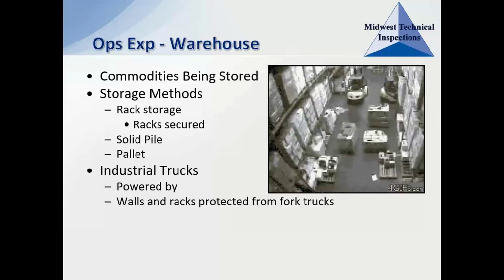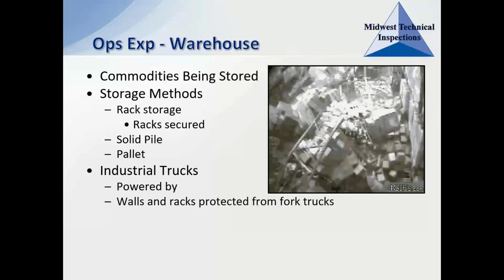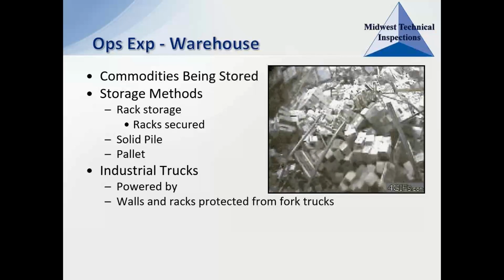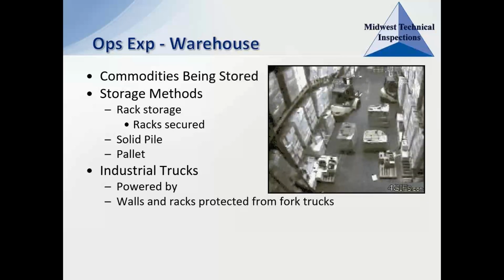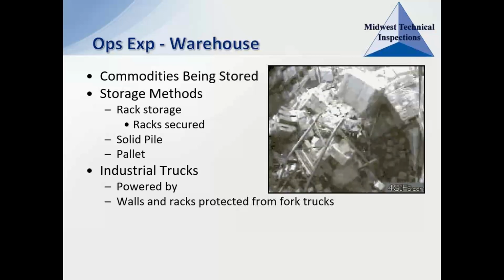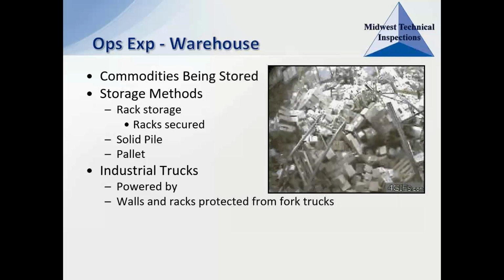It may be like a magnetic strip. Sometimes you'll see that they have the magnetic strip running down the center of the aisle, and so that fork truck can't veer off of that magnetic strip. So that's how they're protecting from contacting the racks, but we just want to see some sort of protection in place to keep them from running into the racks and knocking over the racks.